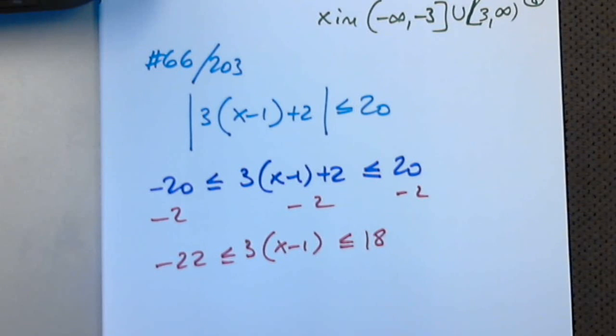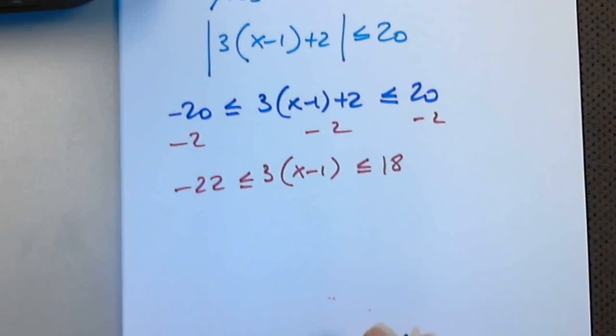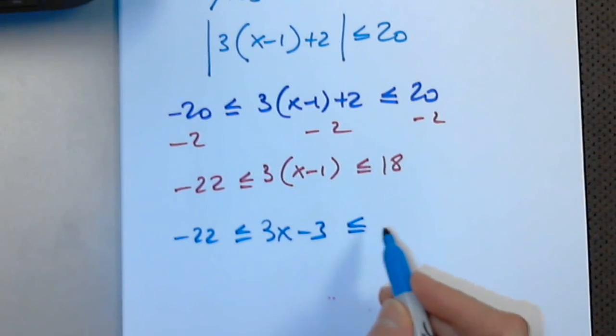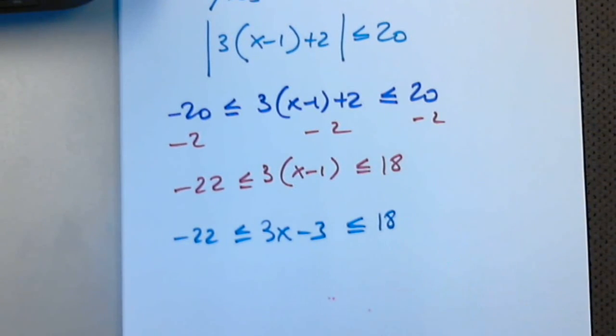Now you have two options. You either distribute or you divide. It's up to you. Distribute, that's fine. So negative 22 less than or equal to 3x minus 1, very good, less than or equal to 18.